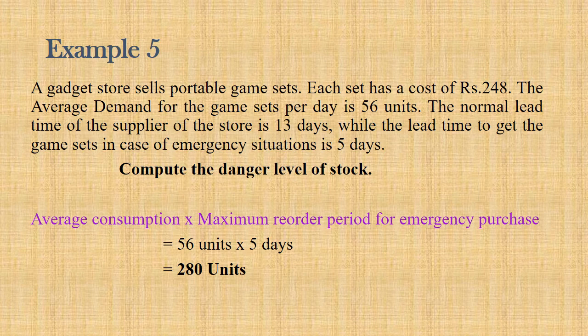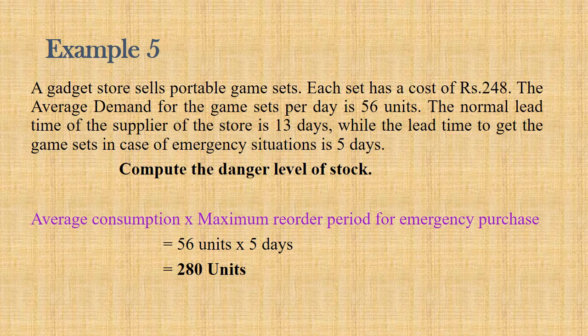Here, the question asks us to calculate the danger level of stock for a gadget store which sells portable game sets, and each game set has a cost of rupees 248. The average demand per day for these game sets is 56 units.